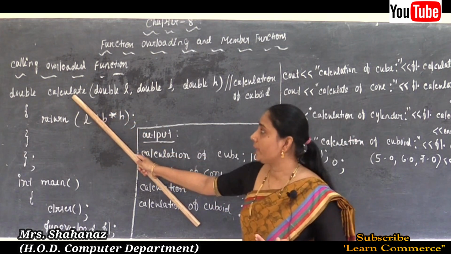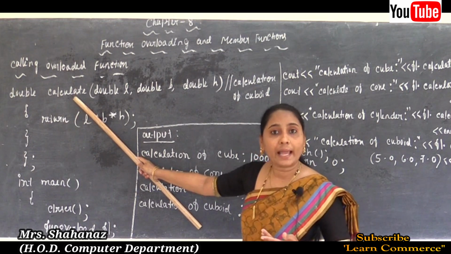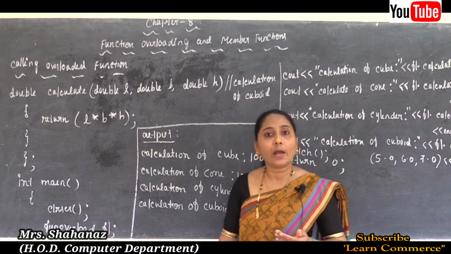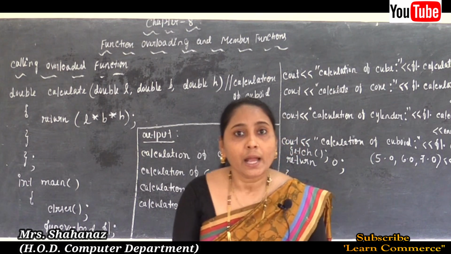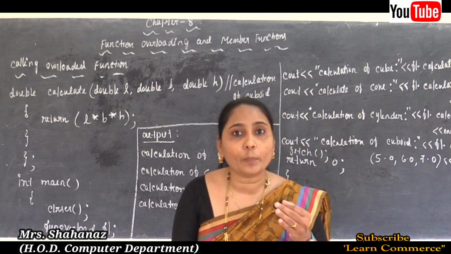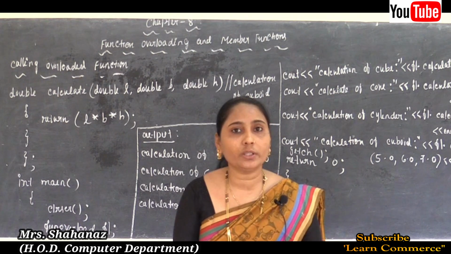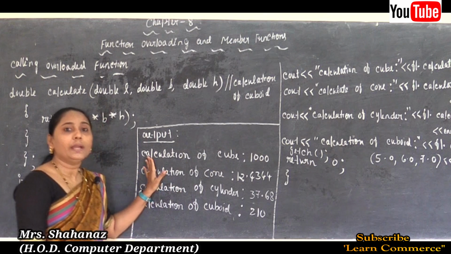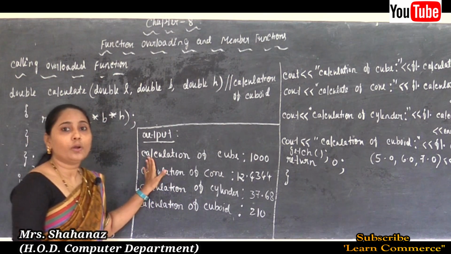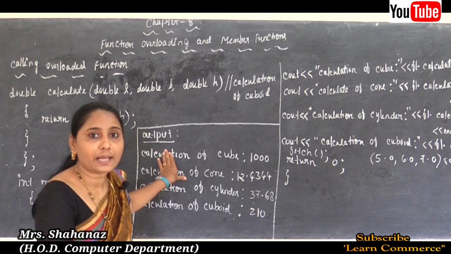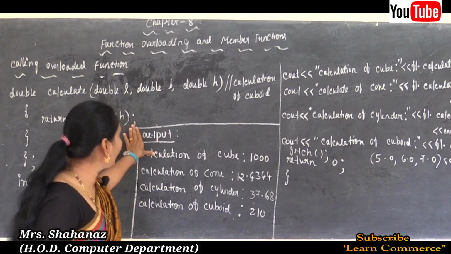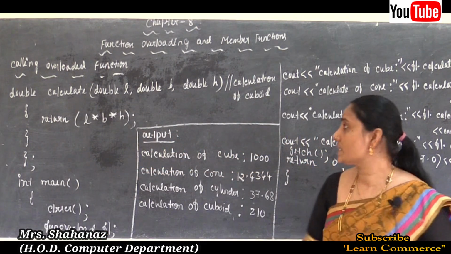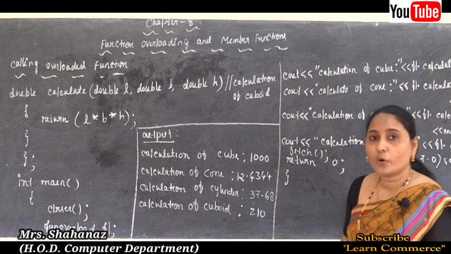Or we can say that all the functions have the same name, and the compiler chooses the appropriate function depending on the number of arguments and the different types of data. So finally the compiler selects the appropriate function based on our function overloading. So this is the explanation about the program.